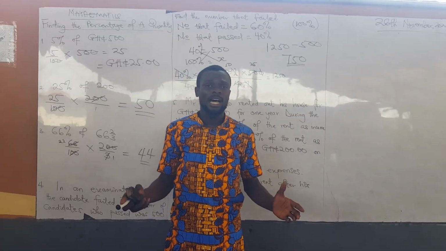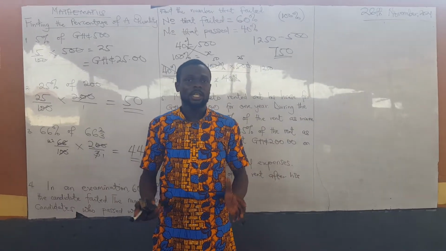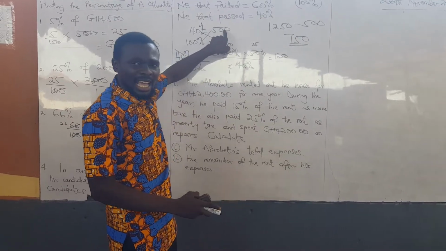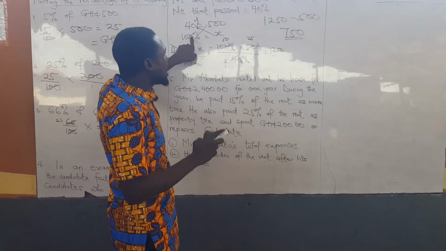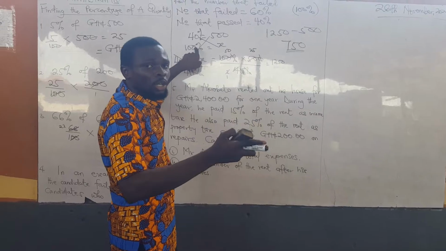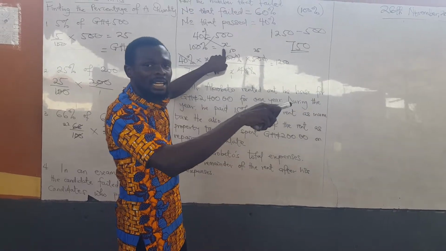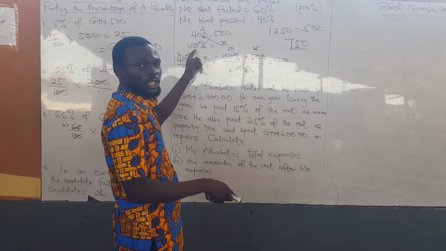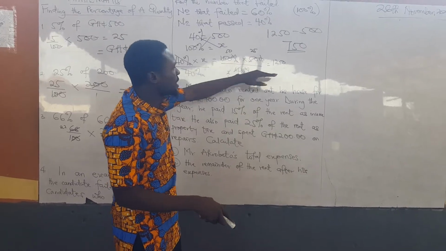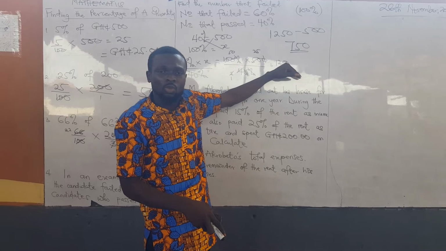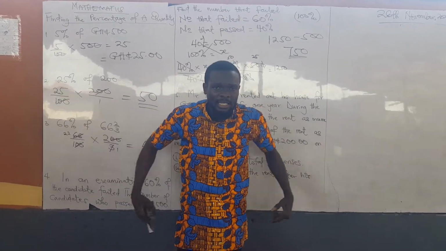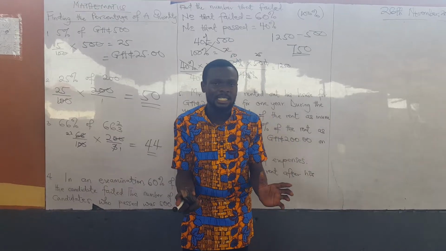Because we have been told that the total percentage is 100. So if 40% passed and they are 500, then the 100%, which is the total, shows the total number of students that took the test. From here we do our cross multiplication and find the value of x, which gives us 1250.